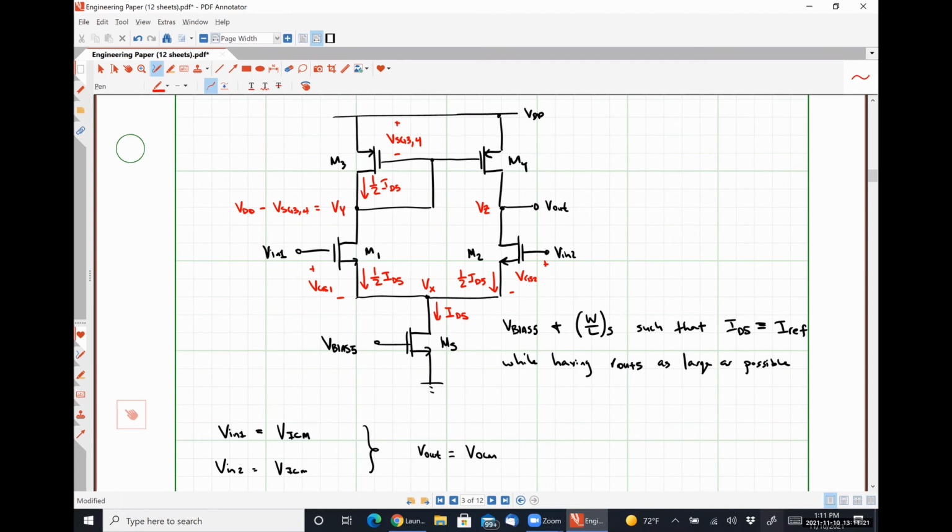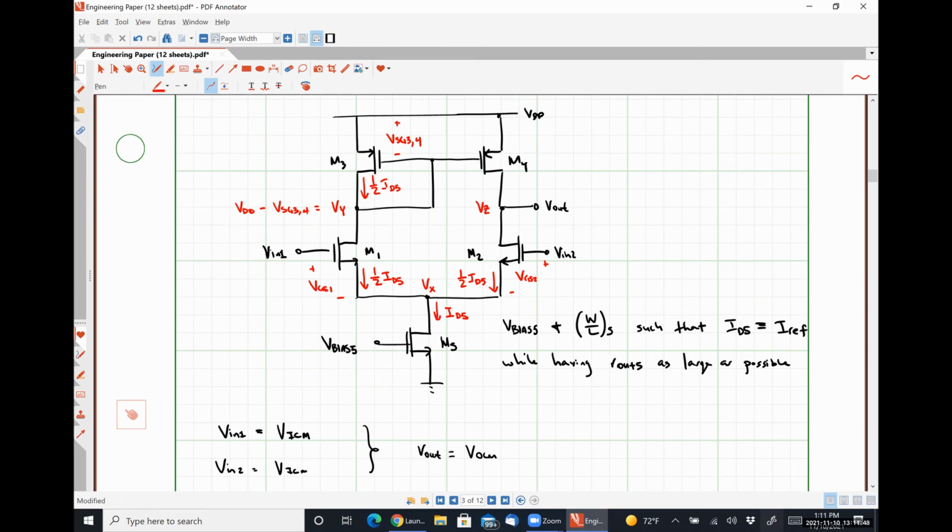Using Kirchhoff's voltage law, right? So that voltage VY is pinned at that value, as long as V bias doesn't fluctuate and VDD doesn't fluctuate. That's the drain voltage for transistor M1.